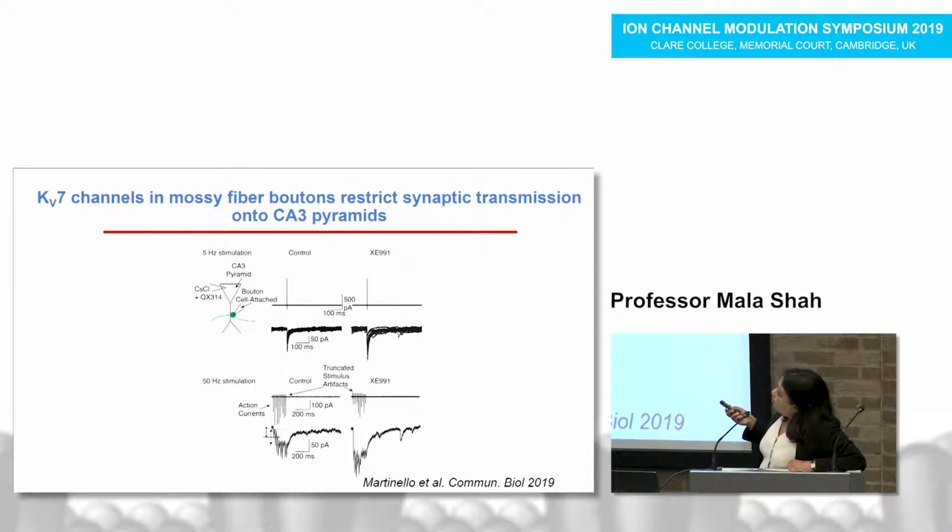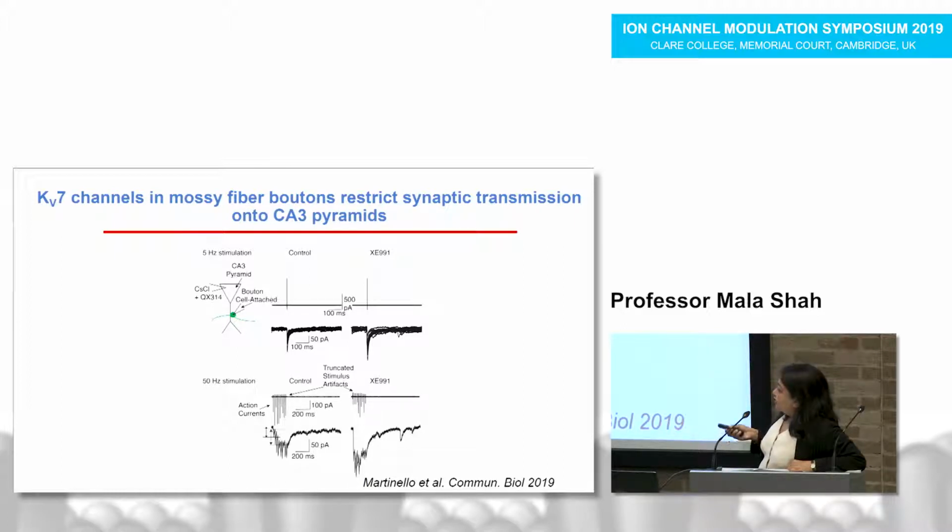If you then apply XC991, because you've got cesium here, you're blocking the postsynaptic Kv7 currents to begin with, so you should only be inhibiting the presynaptic Kv7 channels, which are present on the bouton. And you can see that you get an increase in the EPSC amplitude, and the EPSC is now much broader than under control conditions.